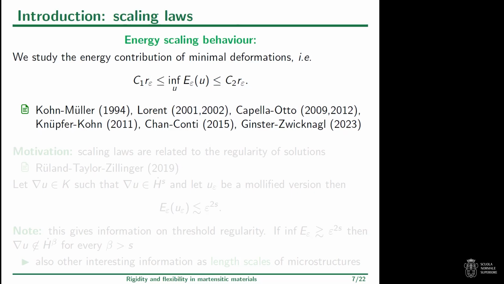And actually this is a recent and well-studied question. Here I put some papers, or groups that I know are working on it. Of course, the work of Kohn and Müller, who initiated this kind of analysis. Also the work of Laurent, who considered the relation with discrete models. The work of Otto and collaborators, Hans Knüpfer, also together with Kohn, also with Otto.